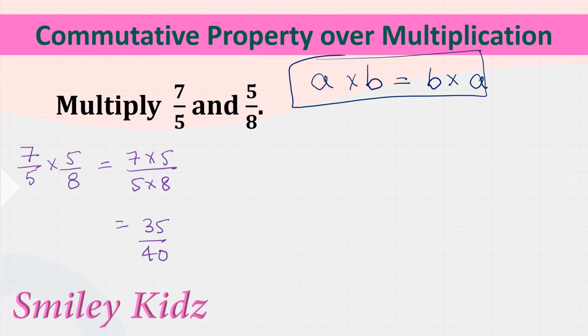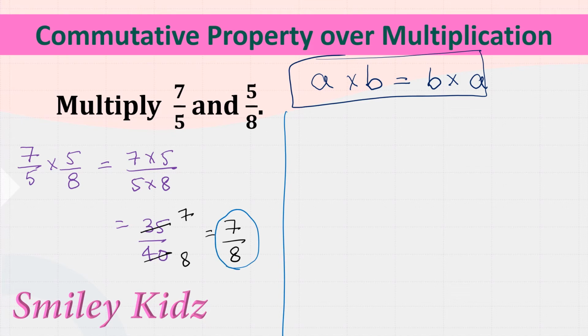So this is not our final answer. We can further simplify. 5 times 7, 5 times 8, which is equal to 7 by 8. So when we did A multiplied by B, we got the answer as 7 by 8. What about B multiplied by A? Will we get the same answer or not?